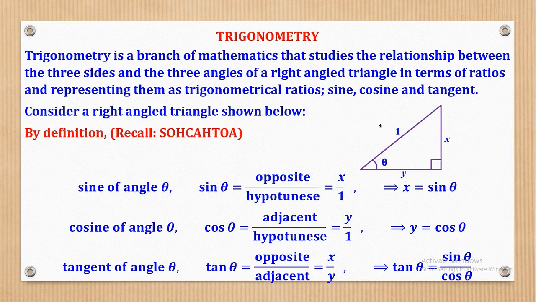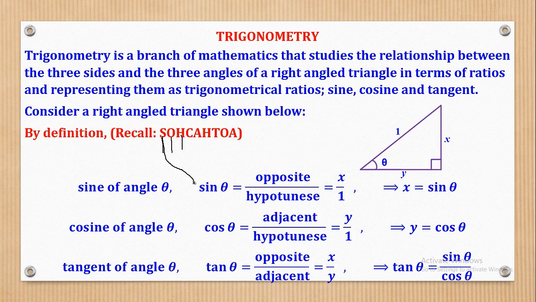Now from O-level you covered what we called SOHCAHTOA. SOHCAHTOA is a short word to help you memorize the expression for sine of an angle, cosine of an angle, and tangent of an angle. Sine is equal to opposite over hypotenuse, just as you can see here.